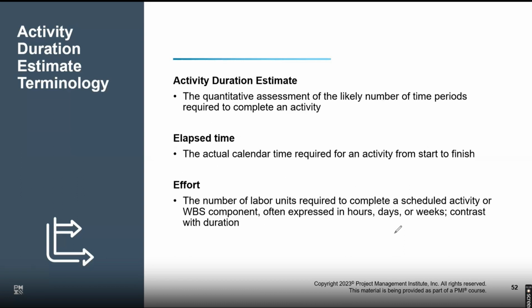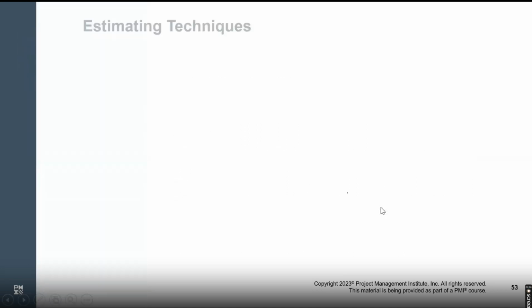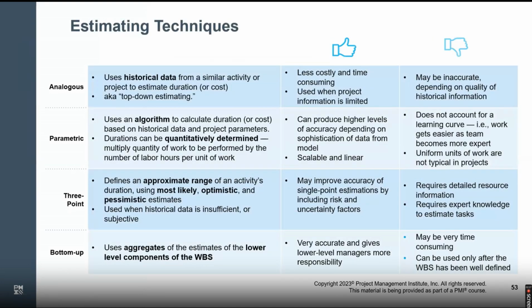Let's see a quick one here. Estimation techniques: we already discussed them, but let's quickly have a look at these methods again, just to make sure. Analogous estimation uses historical data. You look at historical data, which gives you an idea to estimate how long it will take.